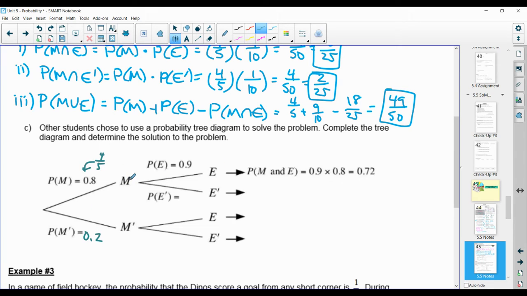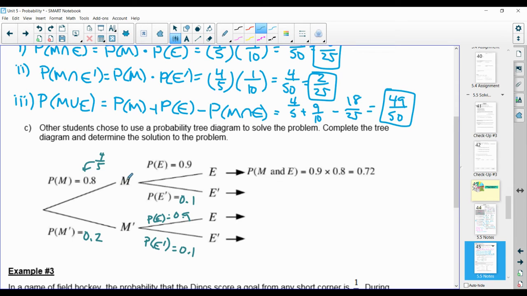Now, if we pass math, then we're either going to pass English or not pass English. We know there's a 90% chance of passing English, meaning there's a 10% chance of not passing English. If we fail math, the probability of passing English is still 0.9, and the probability of not passing English is 0.1. So from there, we write out our scenarios.